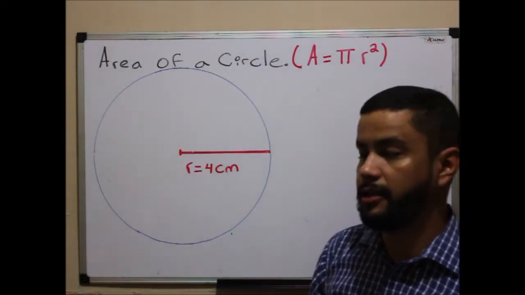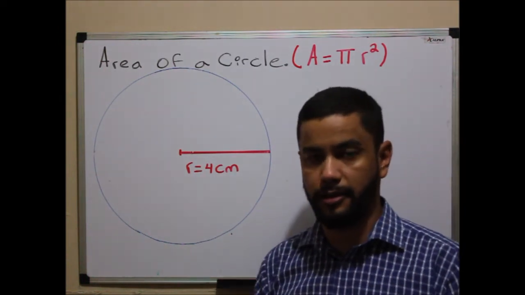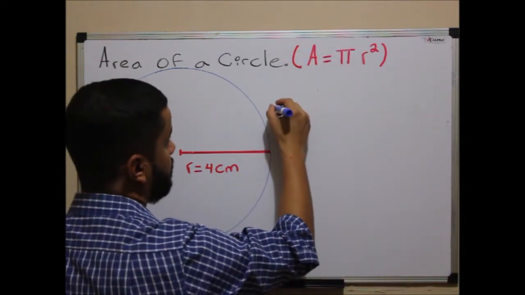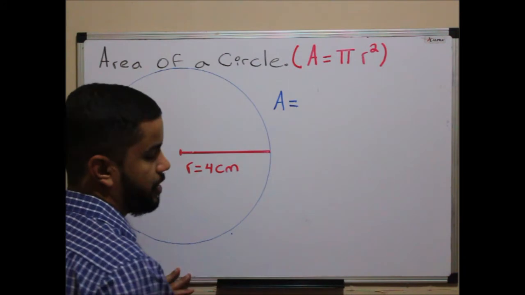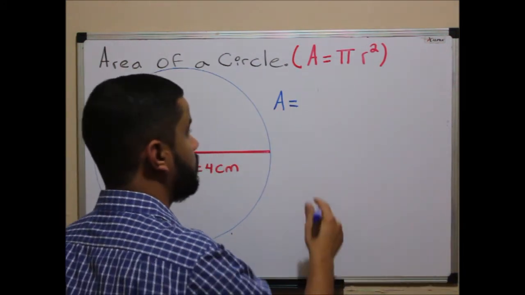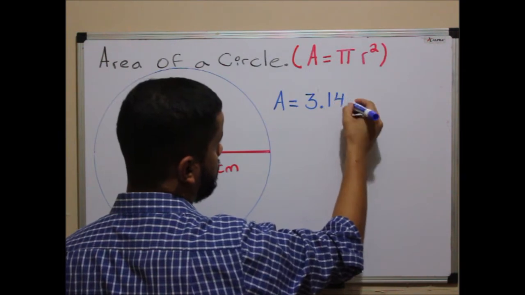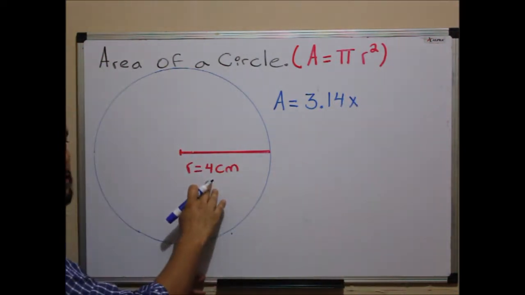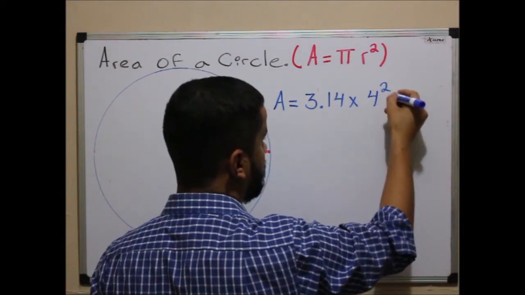The next example is a circle with a radius of 4 centimeters, and we're going to find its area. We start writing area equal to the value of pi that we have been using, 3.14, times the radius, and our radius here is 4. So we write 4 squared.